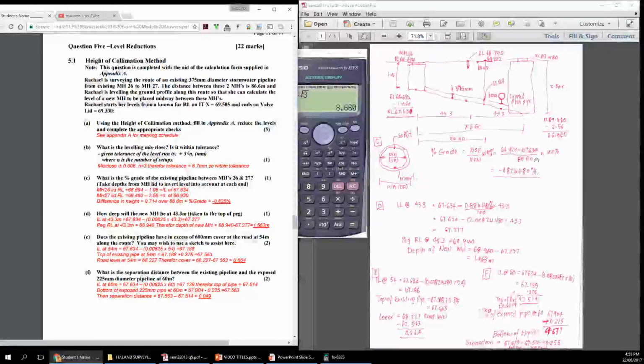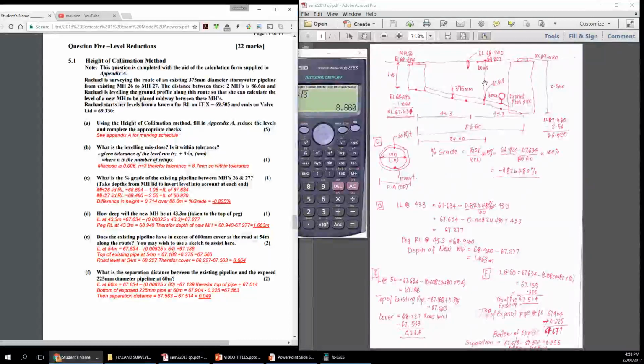Okay, so then we can come up here and find the invert level of the pipe here, which is 69480 minus the depth to invert, 2.56, gives us 66920, and that's our invert level there. So our percentage grade is rise over run times 100%.